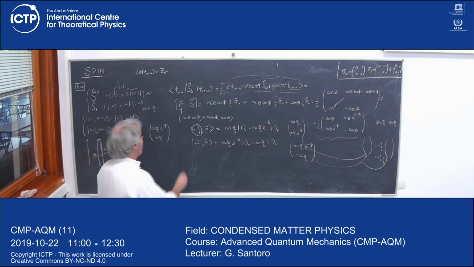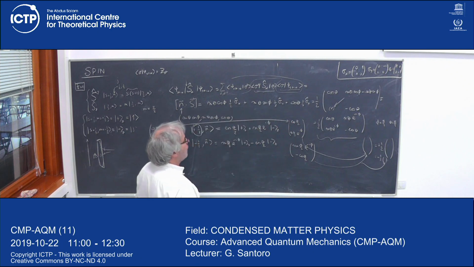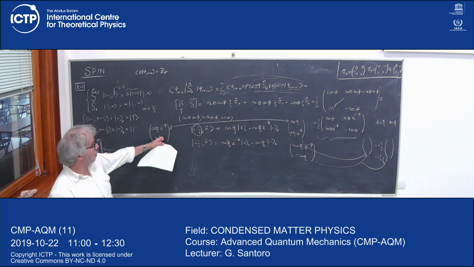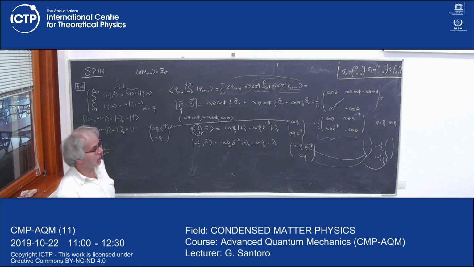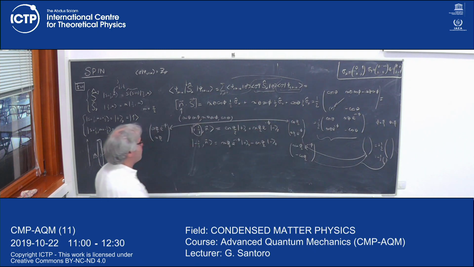This is as good as this. I simply multiplied the state, both components, by e to the minus I phi. You see? And here I make it disappear, and here I make it appear.